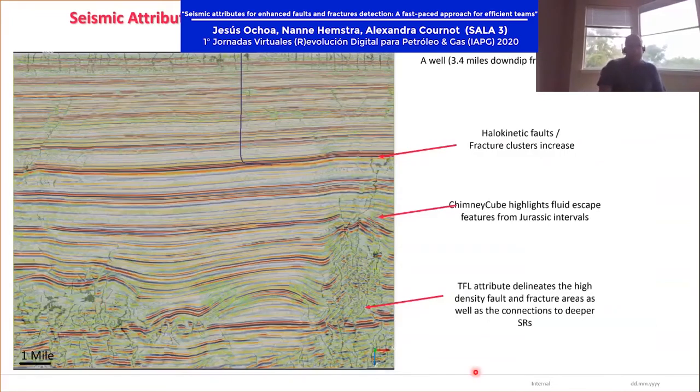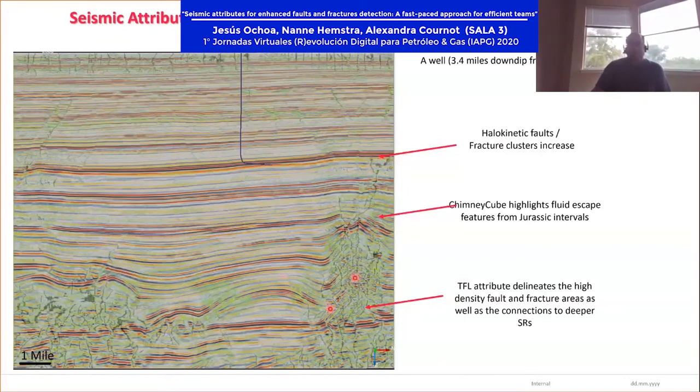Here you can see some of the wells and laterals, the best producers that I showed in the previous slides, and even though they're landing in the Eagle Ford, they are in this case 3.4 miles down deep of these halokinetic faults. What you see there is the TFL attribute in black, highlighting these faults and fractures. And then you see in green the fluid cave features from the chimney cube attribute.